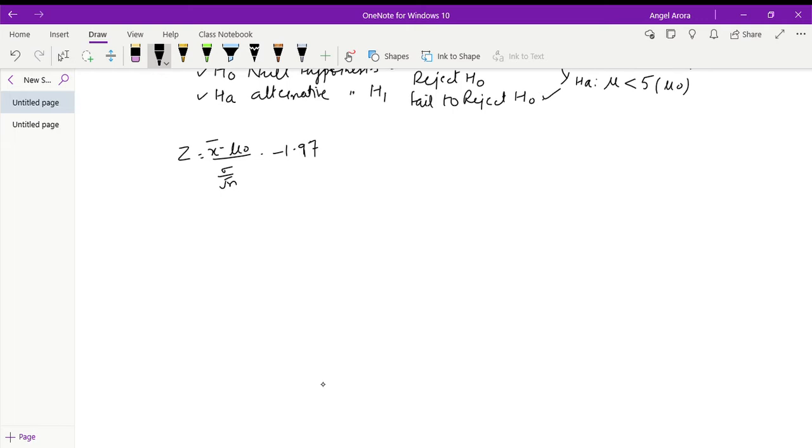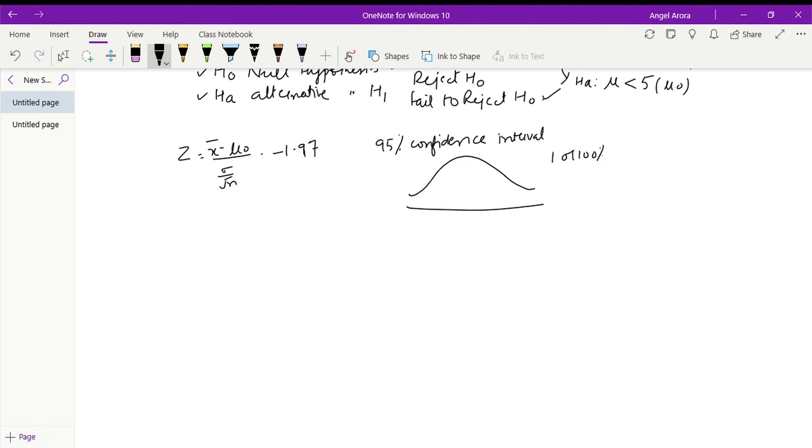The teacher was 95% confident that his theory is correct. So 95% is the confidence level. We know that the area under this curve is equal to 1 or 100%.